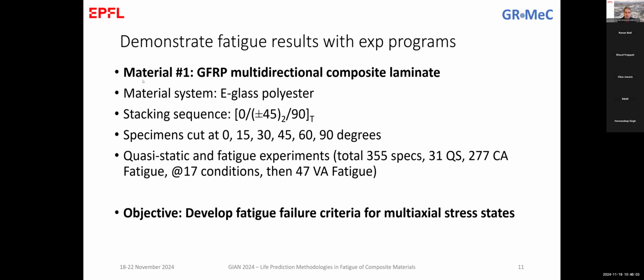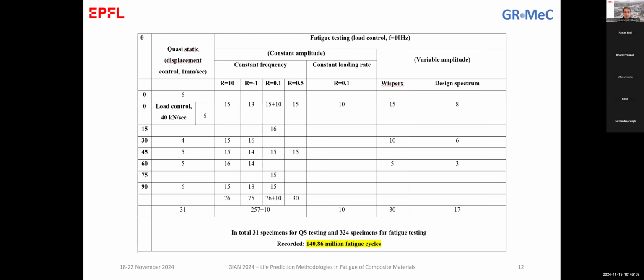We set the objective. We have an objective. And then we start thinking and saying, okay, to achieve this objective, what do I need? In this case, what I need is to perform quasi-static testing, to create a table with my properties in quasi-static loading.